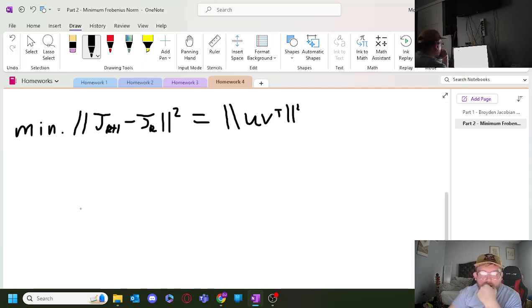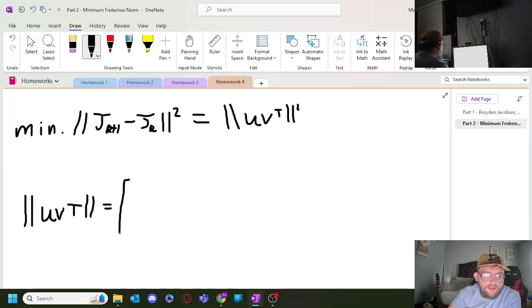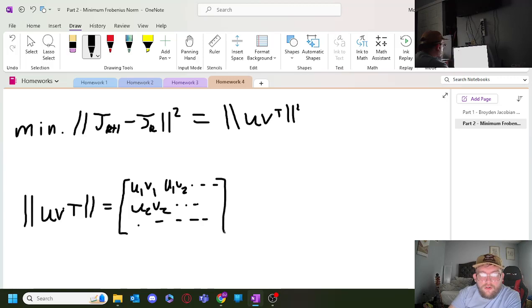So, when you look at this, when you're calculating the norm of an outer product of two column vectors, u v, what you are saying is you've got your u1 times your v1, your u1 times your v2, your u2 v2, and that goes on for however many rows each of them have.